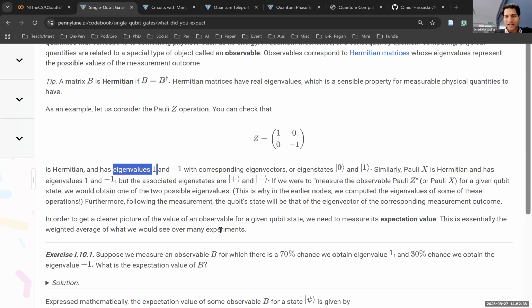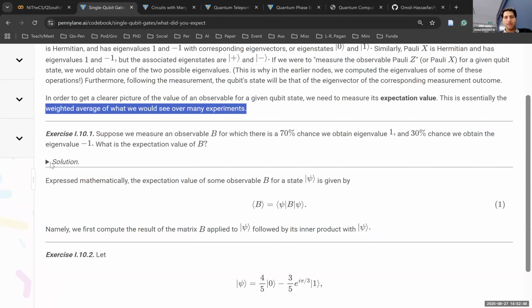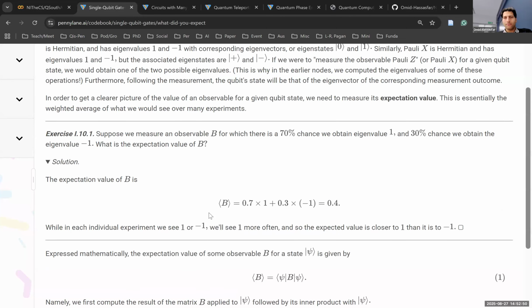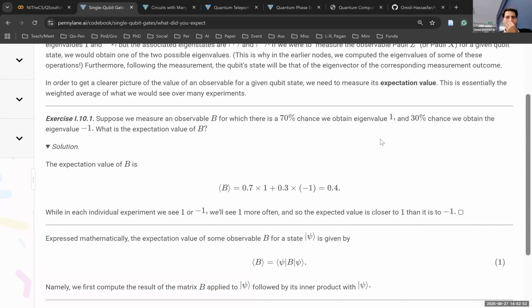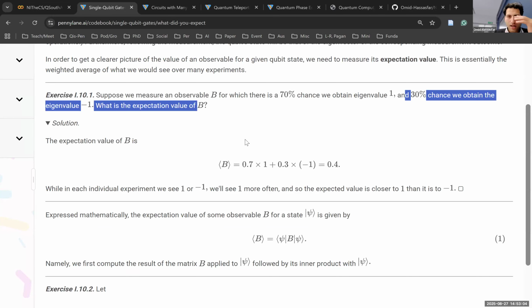But expectation value is like a weighted average of what we would see over many experiments, okay? A simple example here: 70% chance of obtaining eigenvalue 1, 30% chance we obtain the eigenvalue -1.